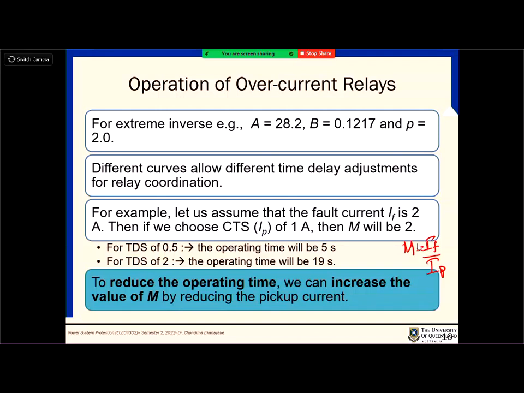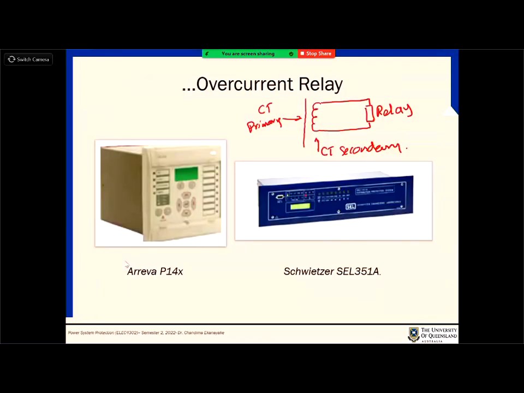That is the way you can increase or reduce the operating time. Not only that, you can also reduce the operating time by reducing the TDS. So you have these multiple options to control the operating time.